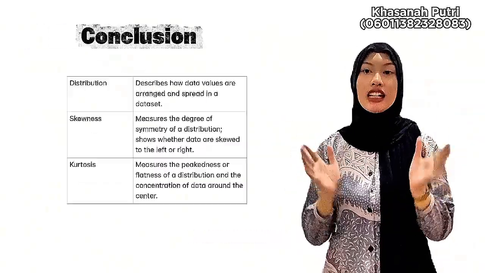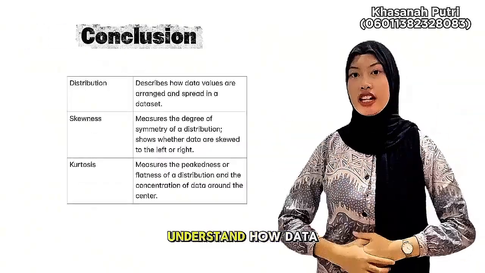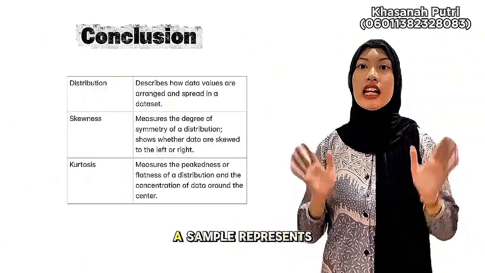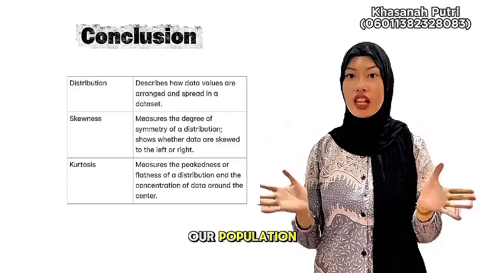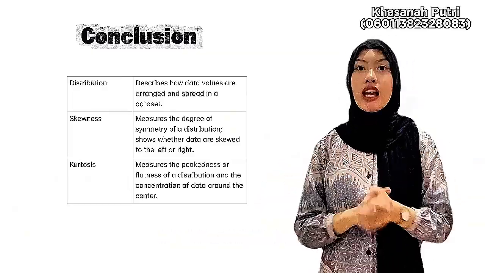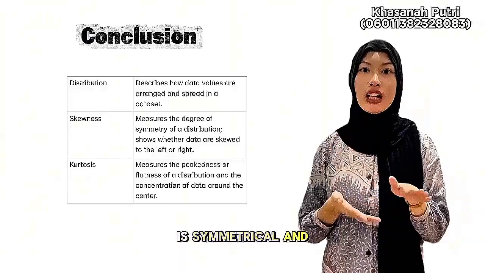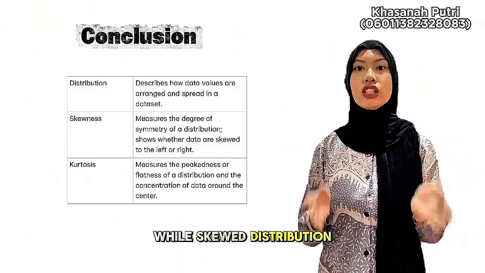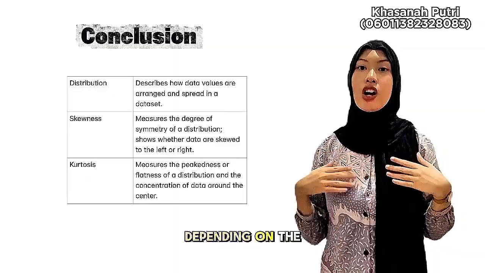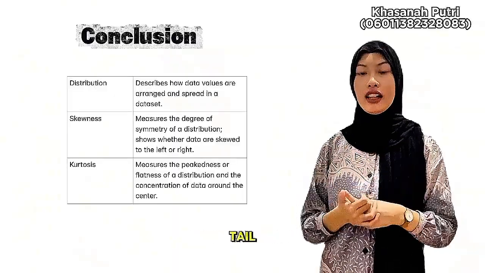In conclusion, statistics help us understand how data are distributed, how they vary, and how accurately a sample represents a population. Distribution describes the pattern of data values. A normal distribution is symmetrical and bell-shaped, while a skewed distribution can be positively or negatively skewed depending on the direction of the tail.